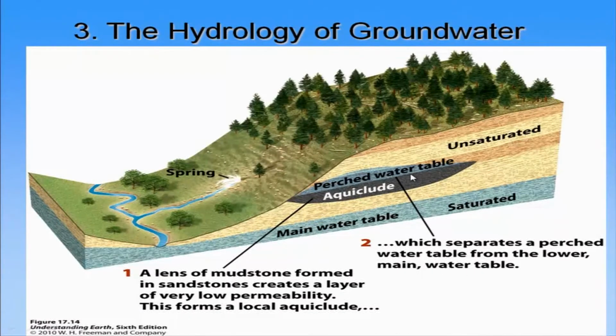So the lower main water table is over here and the perched water table is over here. So it sits much higher than the main water table. This will occur mainly if you have a body like an aquiclude and a porous body similar to the saturated zone here, then you may have the perched water table.